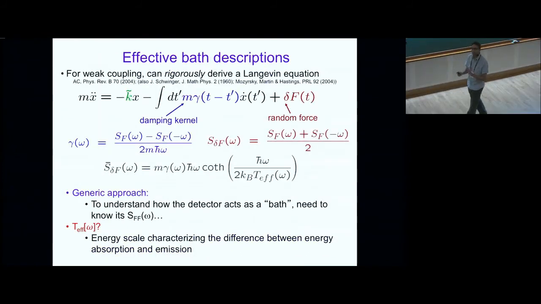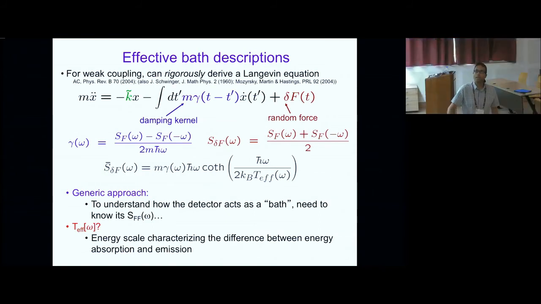So again, I completely disagree, and let me give you a statement. Imagine you have a mechanical oscillator, and you're able to tune its frequency. And imagine we've coupled it to this bath, this driven cavity. So you start with one frequency. The cavity is the bath that determines the state of the mechanics. The mechanics has a very narrow linewidth. You end up at the effective temperature for the mechanics at its frequency, omega 1.